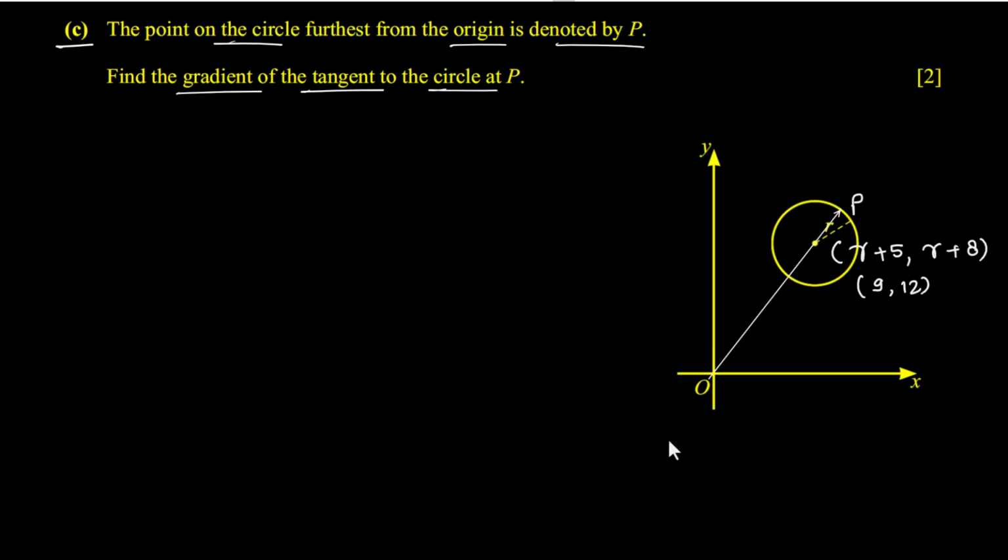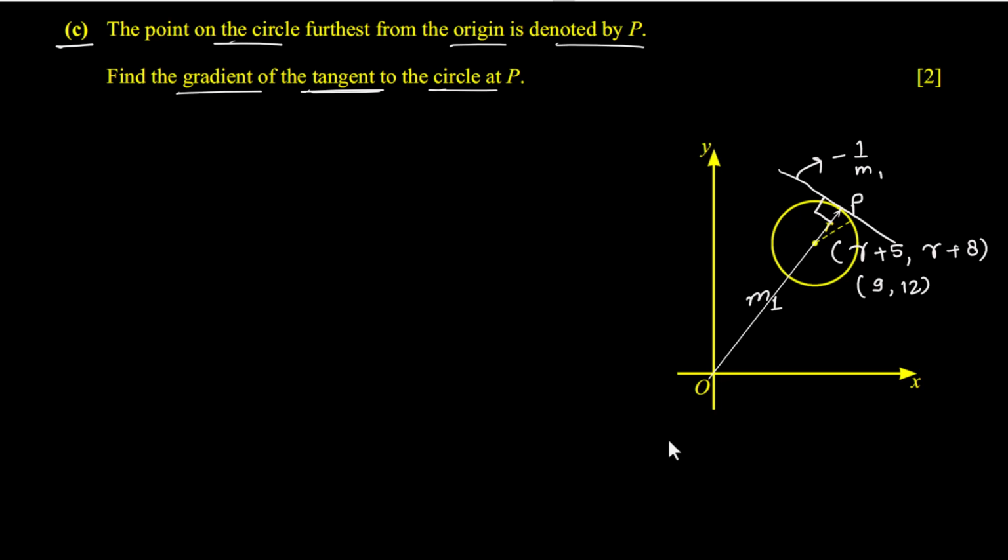So let's say the gradient of the line from the origin to the center is m1. Because we are finding the gradient of the tangent to the circle at P, if we draw a tangent at P here, by the properties of the circle, this angle is going to be 90 degrees, and hence the required gradient would be the negative reciprocal of it.